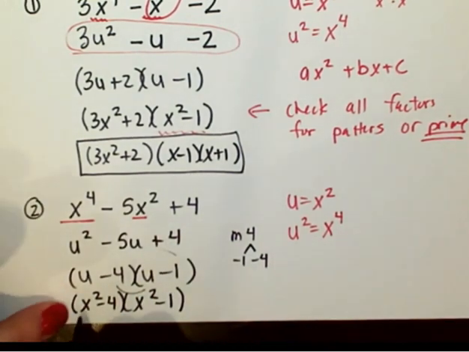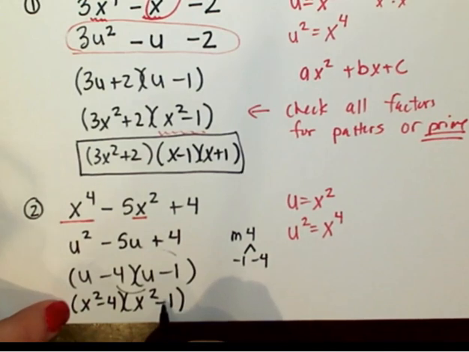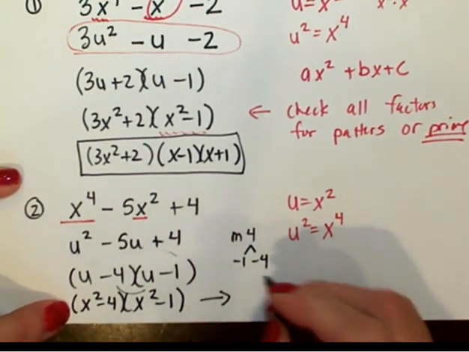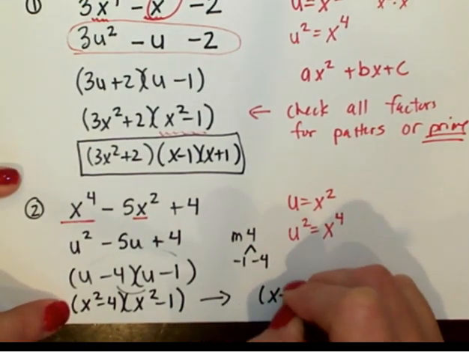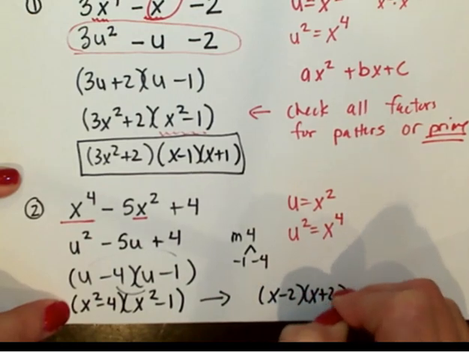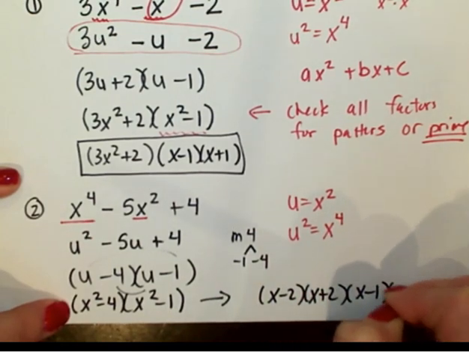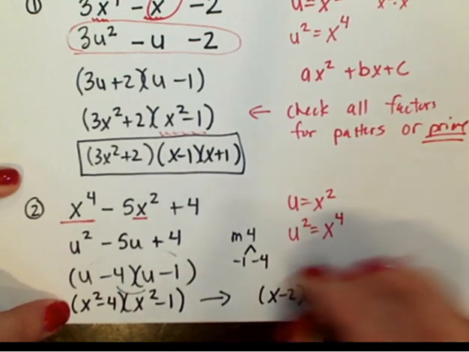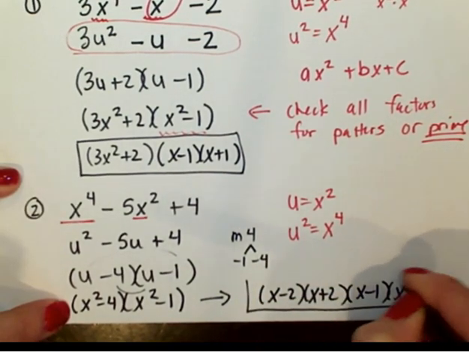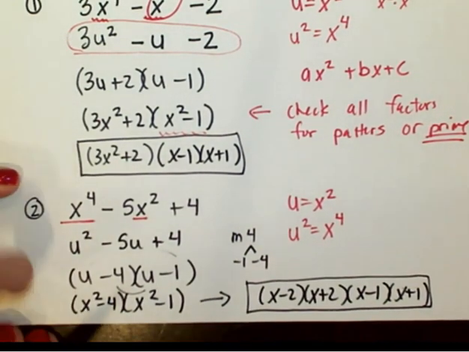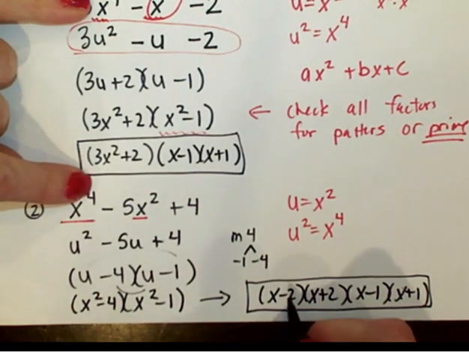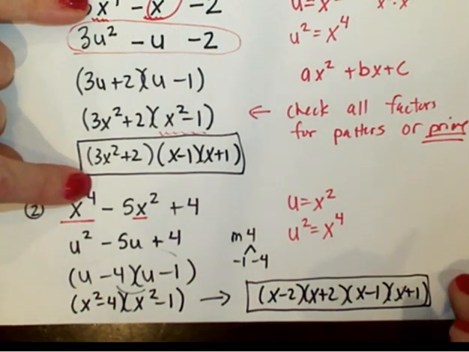This particular example, I have a difference of squares in both of the remaining factors, and so I need to apply that pattern. This is completely factored. Notice that this is a 4th degree polynomial, and I have 4 linear factors.